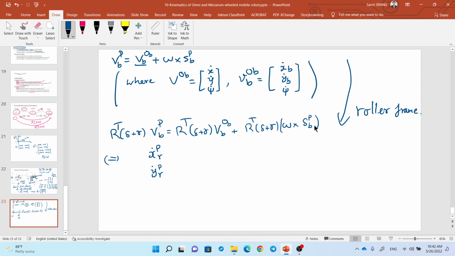Yes, 3 components. So this one I should have... no, I don't have velocity in here. 0 equal to this one.